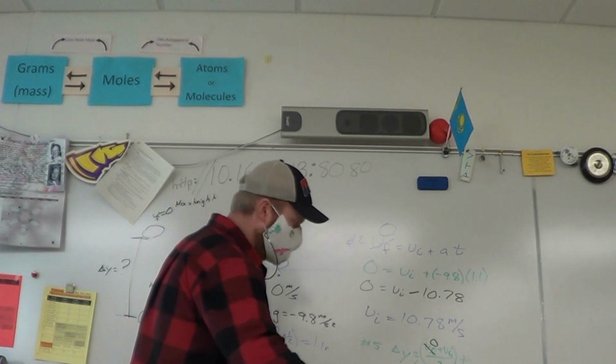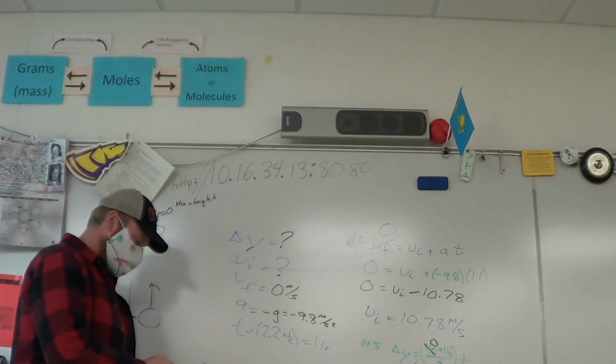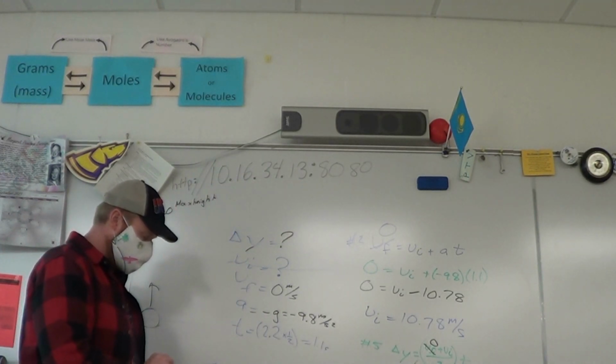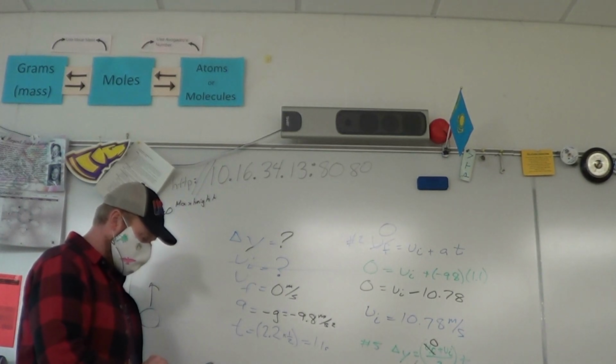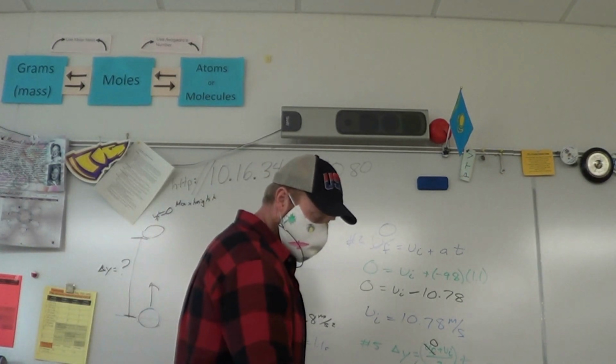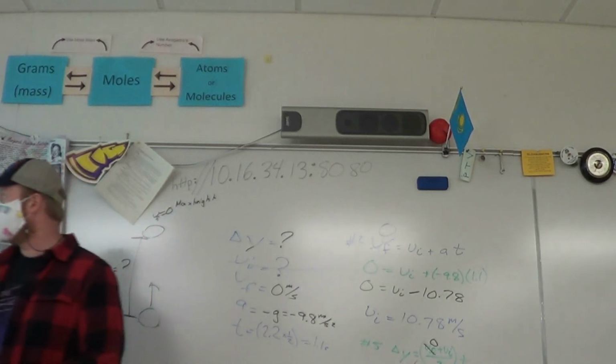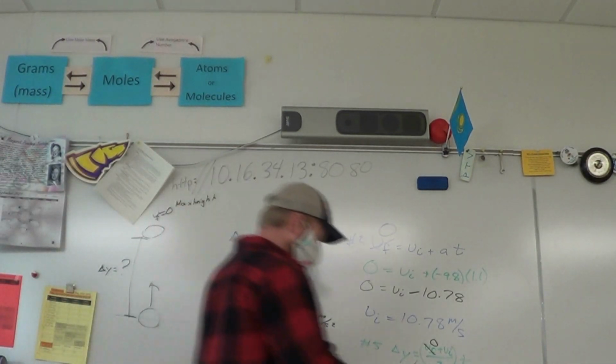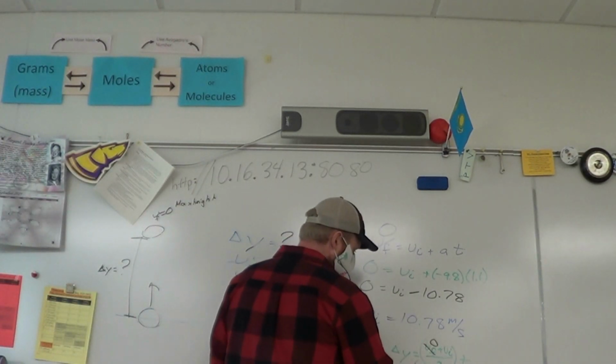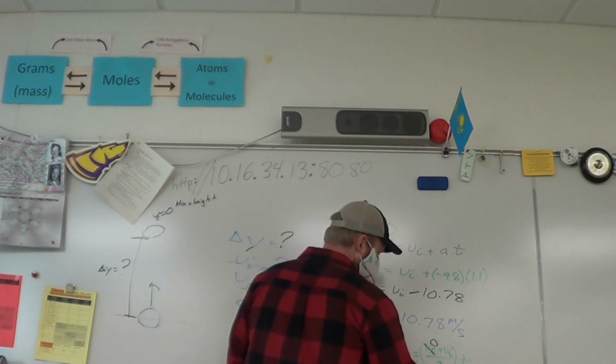And then hopefully we get the same answer that's on our sheet. 5.929, so 5.93. Yeah. So delta y is equal to 5.93 meters.